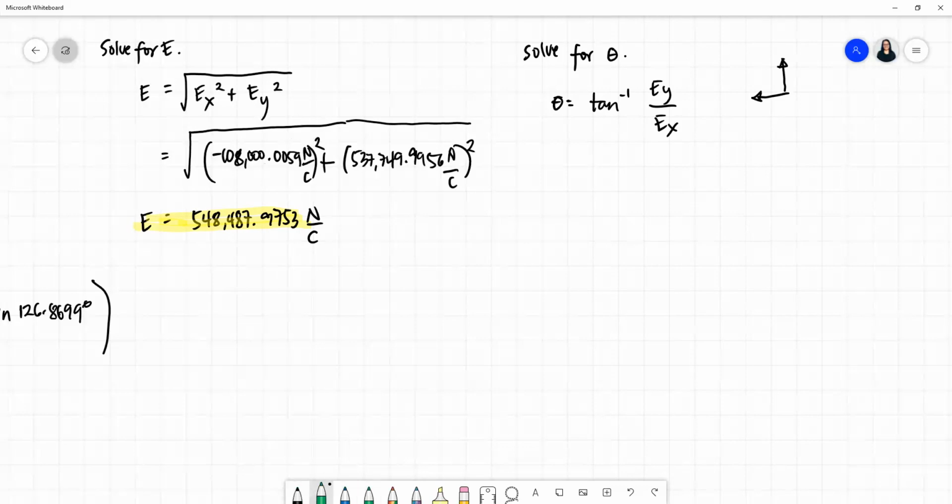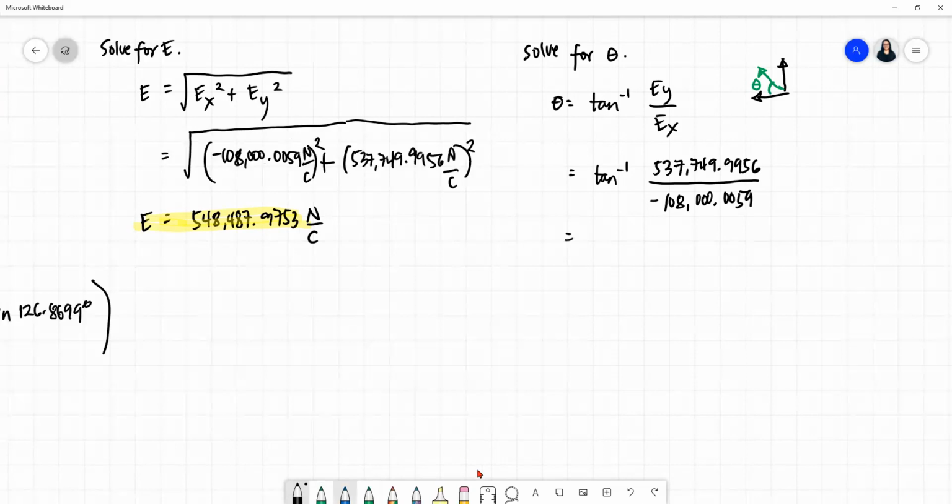So the resultant is in the second quadrant. So it's arc tangent, measured from the negative x-axis. So the angle that we're going to get is this angle. So arc tangent of 537.7499956 divided by negative 108,000.0059.